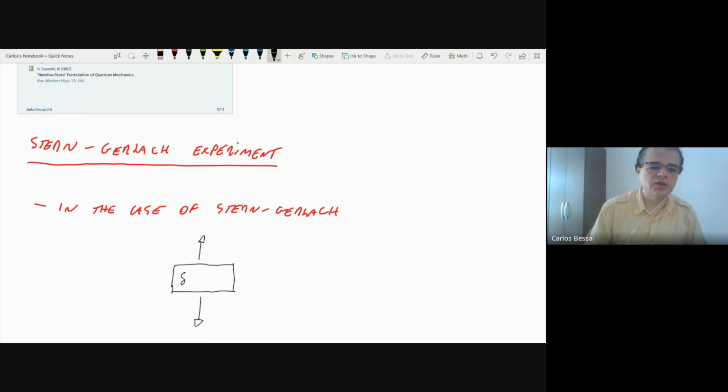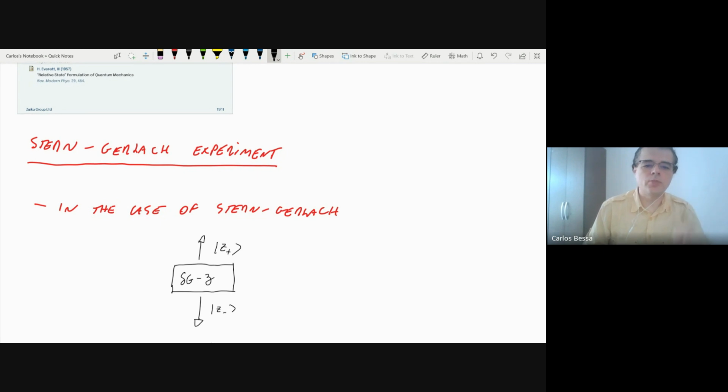So this is the Stern-Gerlach in the z direction, when the magnetic field is in the z direction. If up, I will call the state z plus. If it's down, I'll call the state z minus.